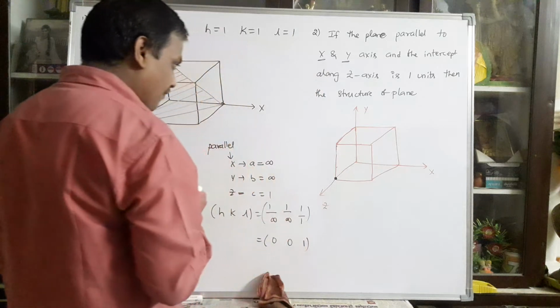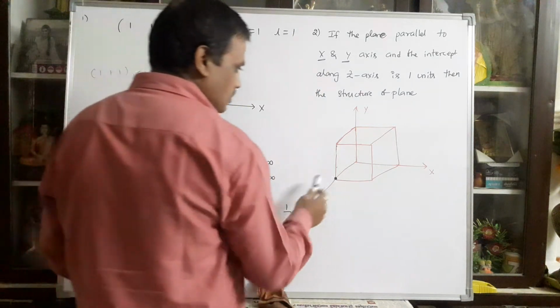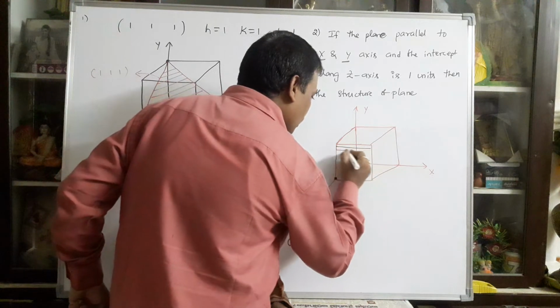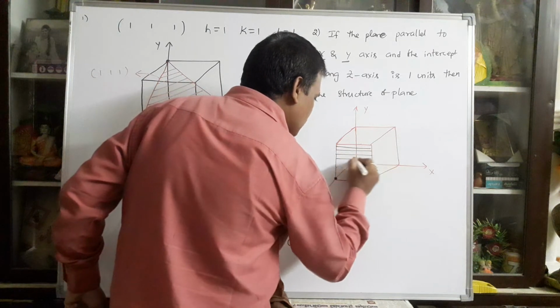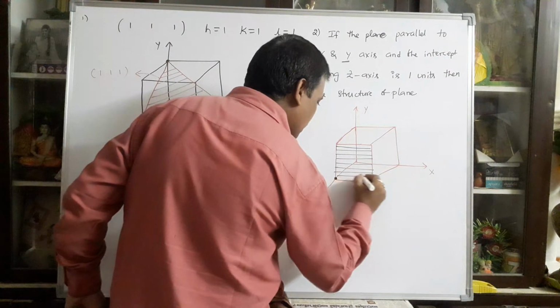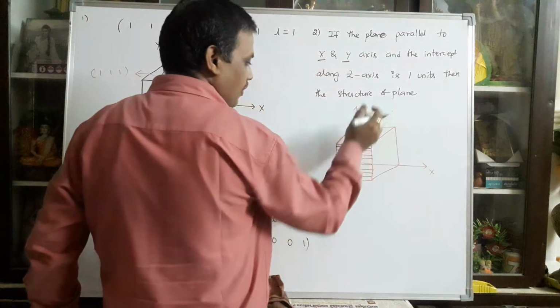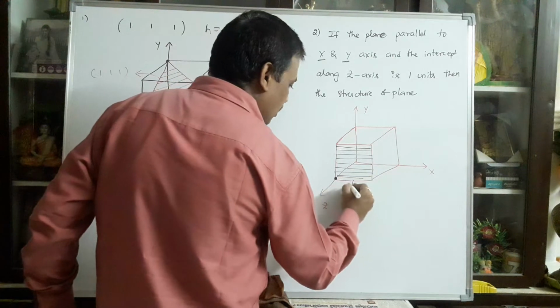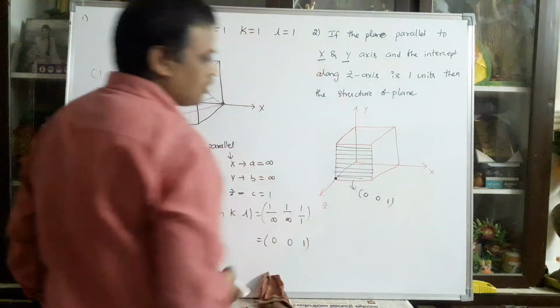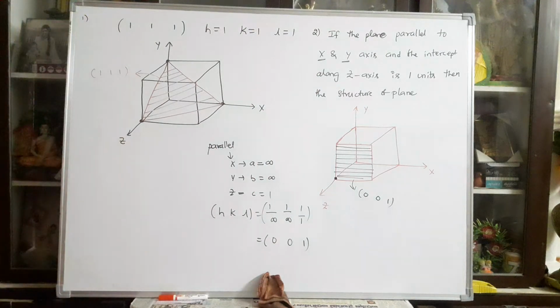You can take the front face from this point of view, nothing but this one. This plane does not touch both x and y axis, so this plane is parallel to both x and y axis. So this plane's Miller indices are 0 0 1. So that is how lattice planes are drawn based on Miller indices. Lattice planes can be drawn like this.